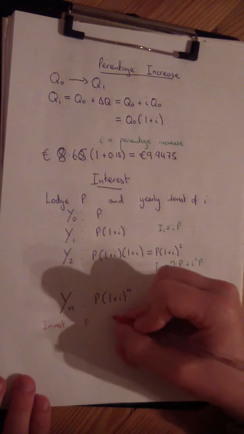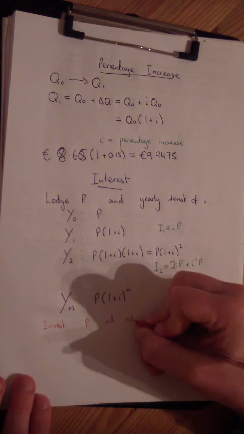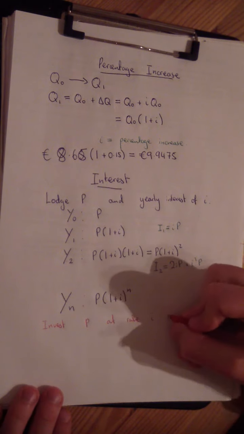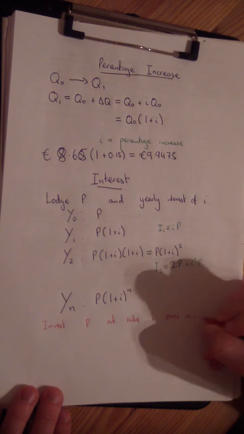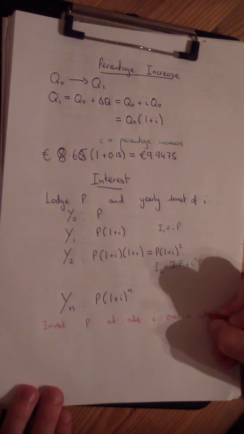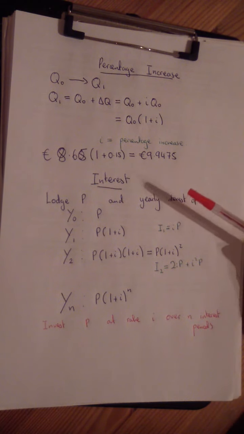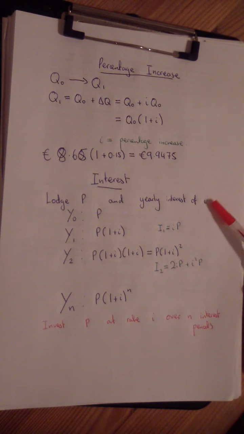Now this is a general formula for if you invest P at rate I over n, what I might call interest periods. Now in this question, the interest period is a year, but it could be a month, a week, or a day.